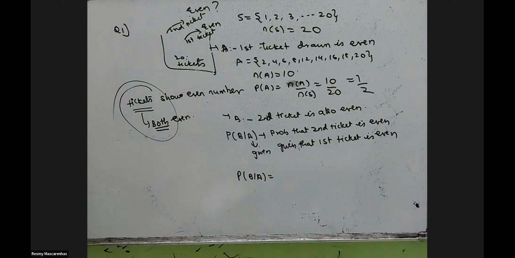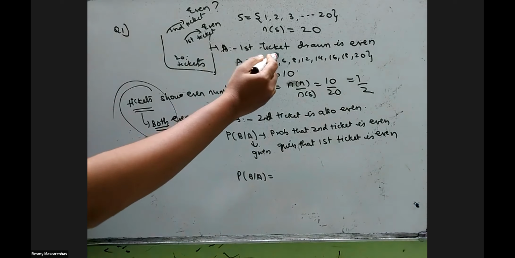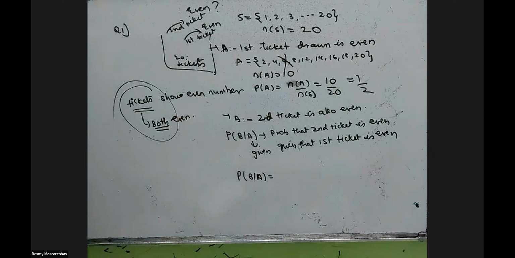How many options you'll have? Consider one ticket drawn, first one is gone. How many options will be there? Just try to think. The first ticket which you drew from the box, even number came. Now you are keeping it aside.